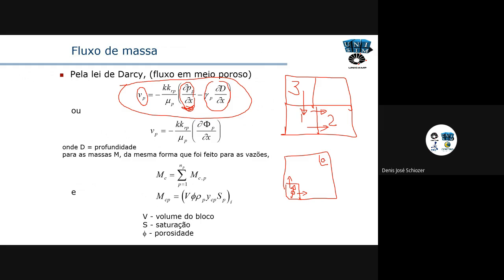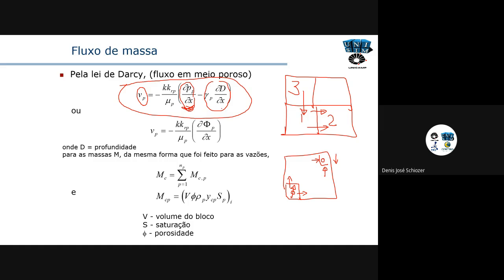If I take fluid from this block, I'm going to decrease the pressure here, so the neighbors will have a pressure that is higher than this one, and the fluid is going to move to the producer. So this is the basic physical meaning of Darcy's law, okay?